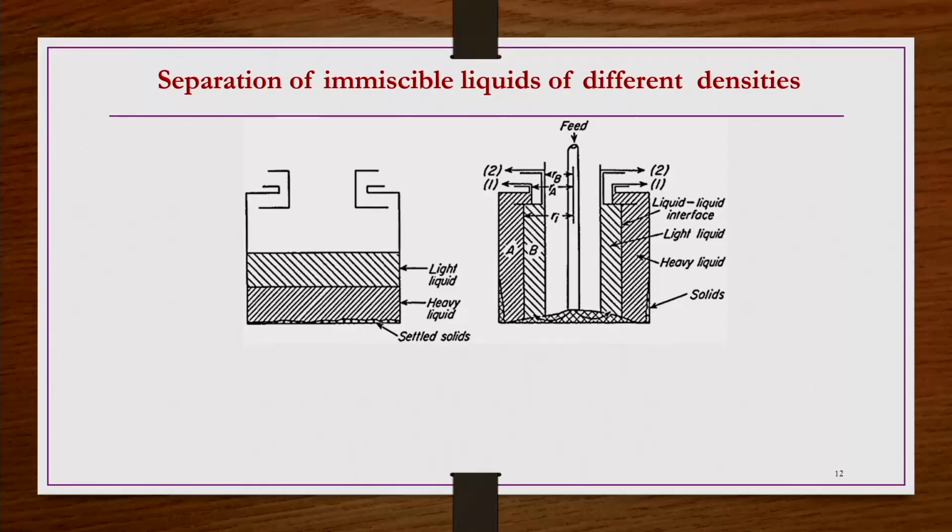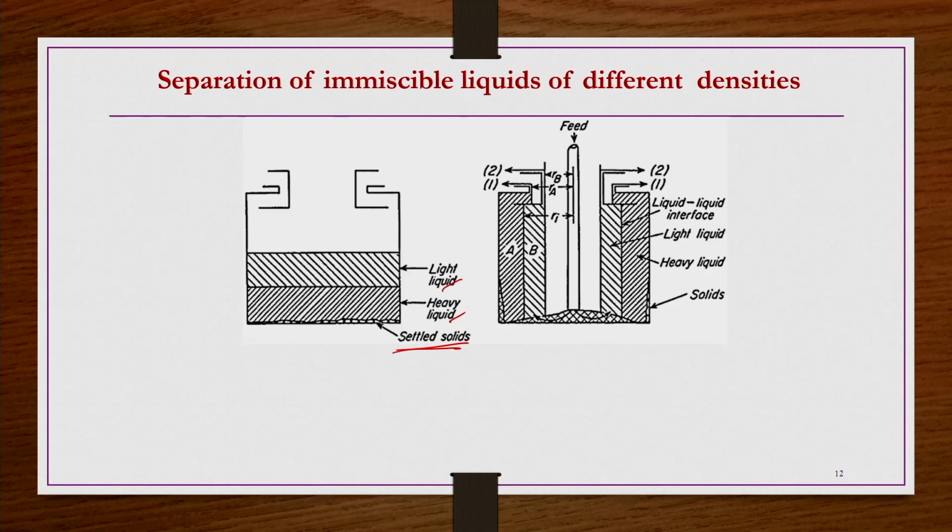So, now using this centrifugal field, how to do the separation of immiscible liquids of different densities. Let us say you have immiscible liquids, light liquid and heavy liquid, and there may be, let us say, some small solids also. Forget about the solids, we do not need to worry about them as of now. Okay.